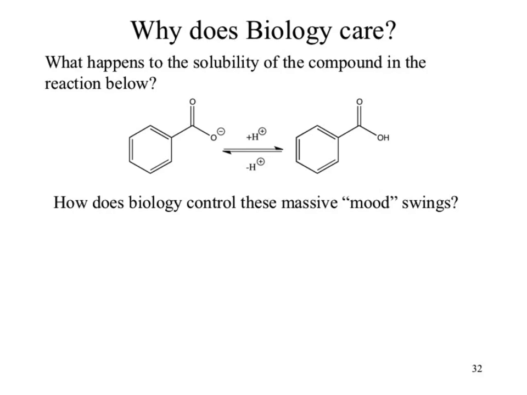We use buffers. The whole point of a buffer is to react with our acid or base preferentially. That then either removes the acid, in which case there's no pH change because the concentration of H+ doesn't change, or we add base and it removes the base. So the buffer acts as kind of an intermediary to stabilize the pH, keep it relatively constant.